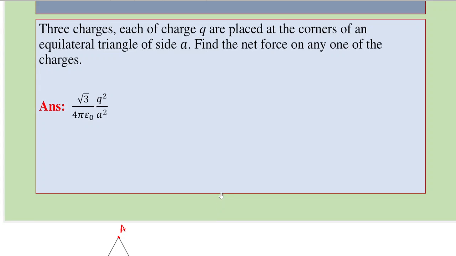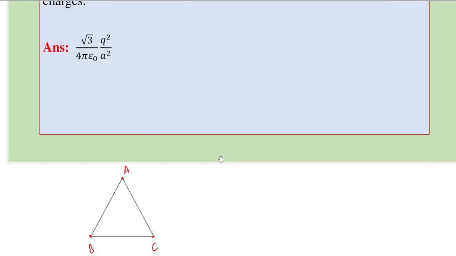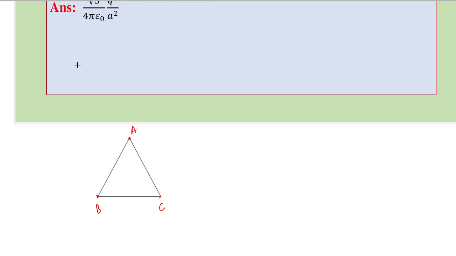In this case, the charges, each of value Q, are placed at the corners. So the charge placed here is Q, the charge placed here is also Q, and also the charge placed here is Q. Since it is an equilateral triangle, all sides will have the same length. It will be length L here, length L here and length L here.